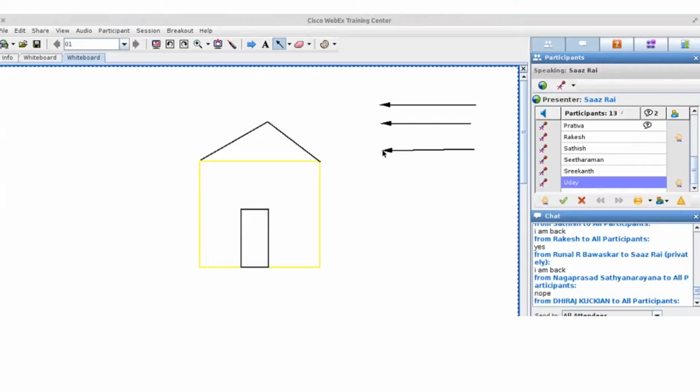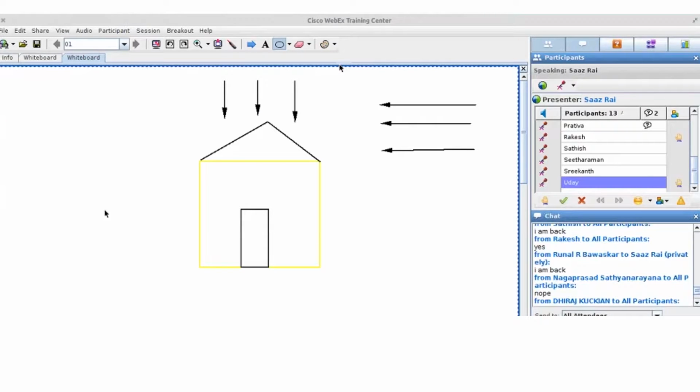Unfortunately for this house, the roof is very weak. There's the possibility of heavy rainfall and strong winds, and the possibility is that this particular roof gets blown off.